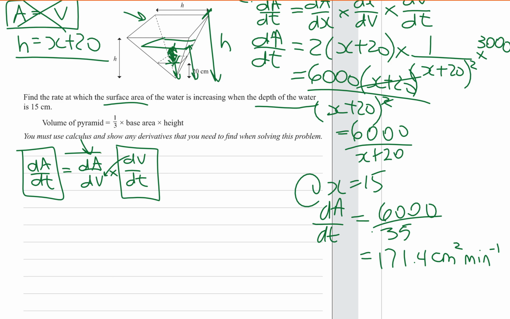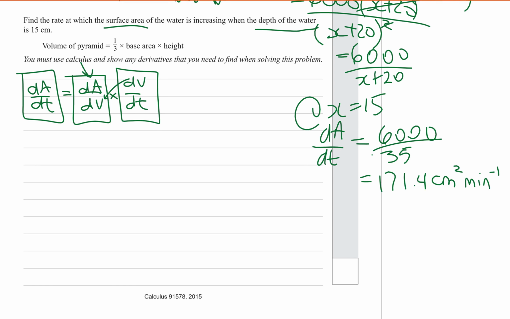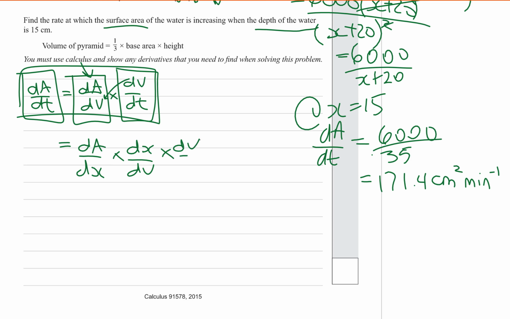When you figure out these related rate of change questions, it's just too hard to try and link an expression between the area and the volume. So you can just insert these other two to make it a bit easier for yourself. I'm trying to help you decide whether it's an easy related rate of change question, where it's just like this, or if it's potentially the harder one, where there are 3 or even more involved.